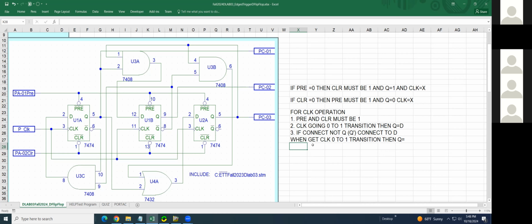When I connect the NOT Q to the input D, so when the clock goes 0 to 1 transition, what happened to Q? It reverses itself. What do you mean reverse?